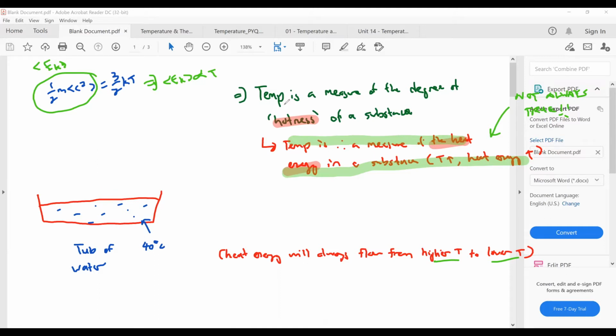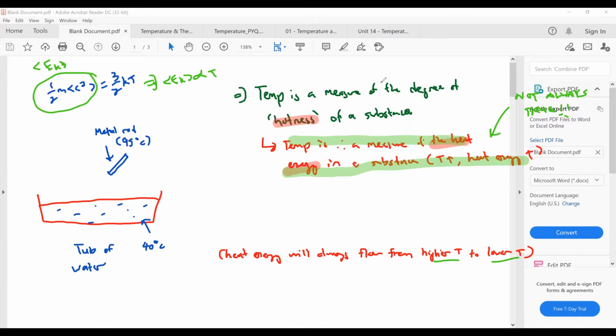Then I tell you I have a metal rod, this one here, at 95 degrees centigrade. So I have a very large tub of water at 40 degrees centigrade, and a metal rod at 95 degrees centigrade.